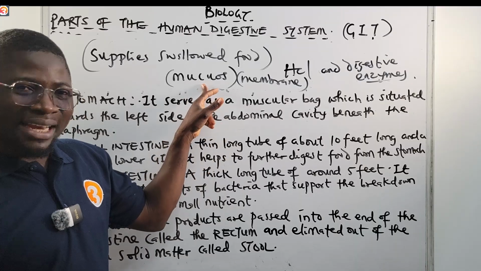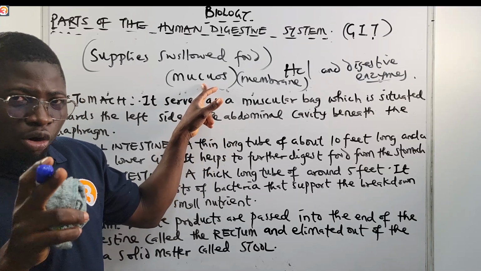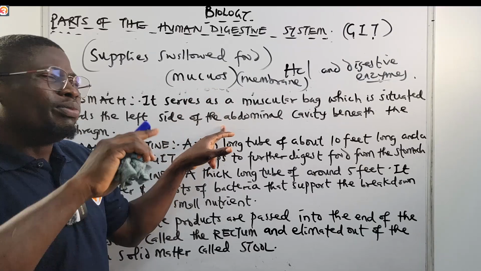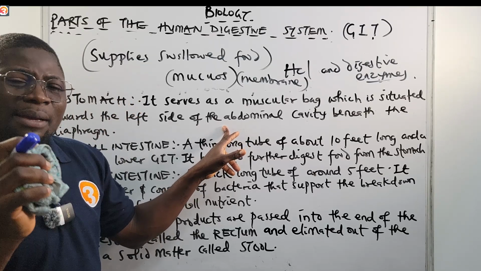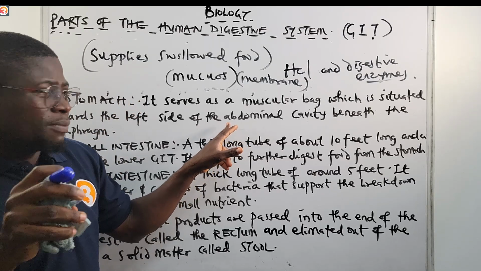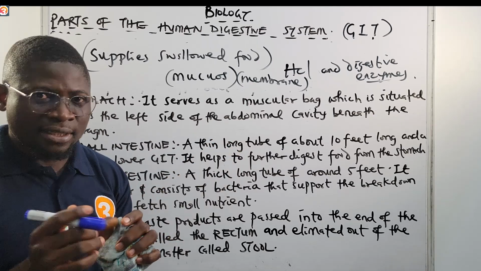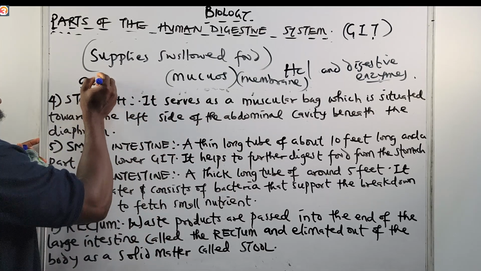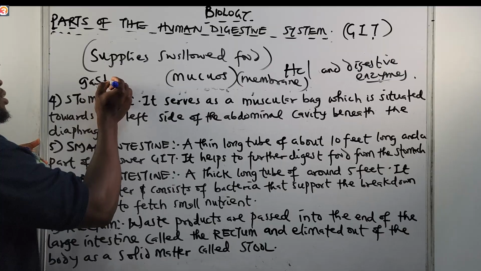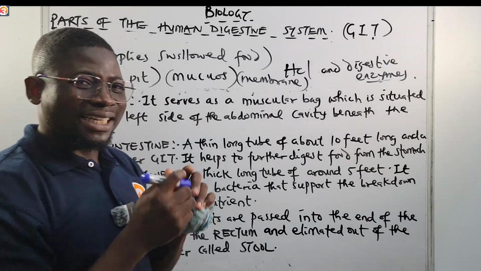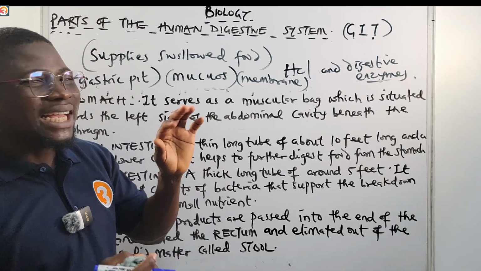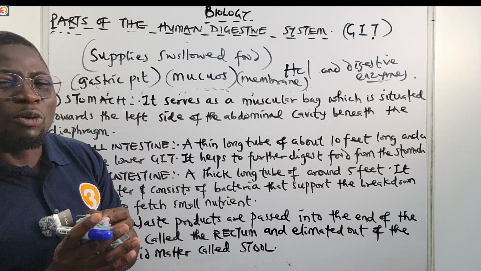The mucous membrane produces mucus, which helps to protect the lining of the stomach, and also helps to protect the gastric pit from the hydrochloric acid that has been produced by the glands.